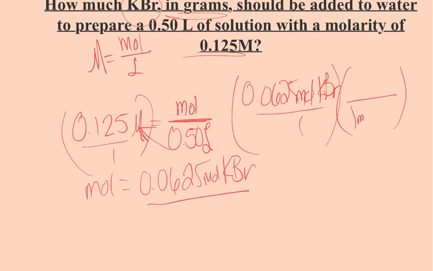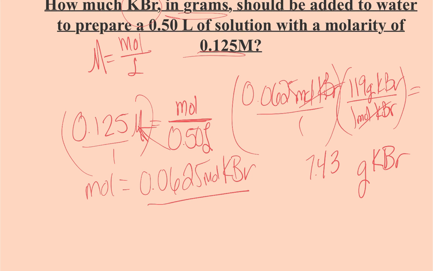For every 1 mole of potassium bromide, and the molar mass of potassium bromide is 119, I'm going to multiply this across, and my moles are going to cancel out. I'm going to get grams of KBr, and I get 7.43 grams of potassium bromide.